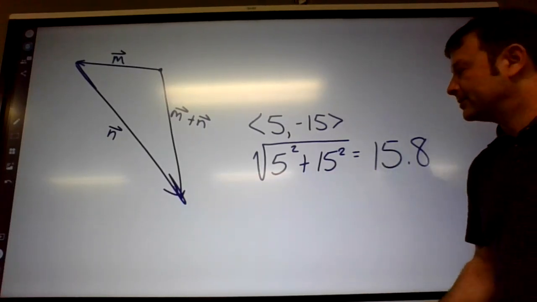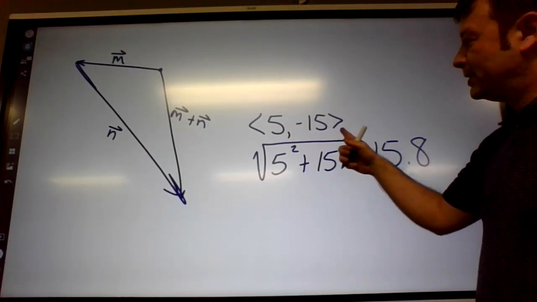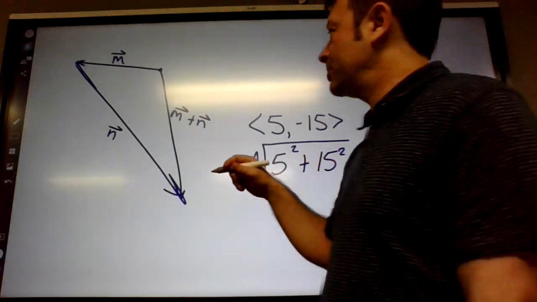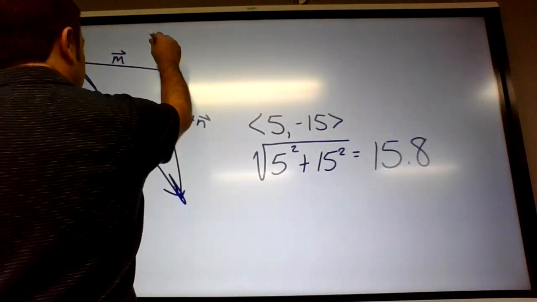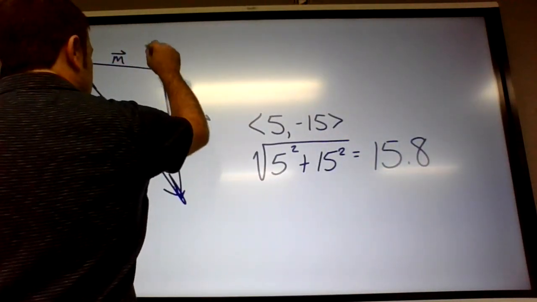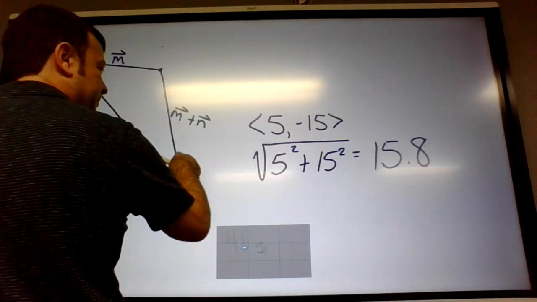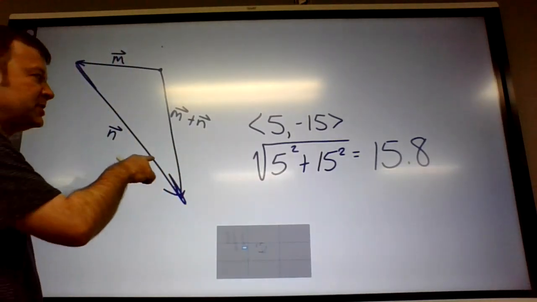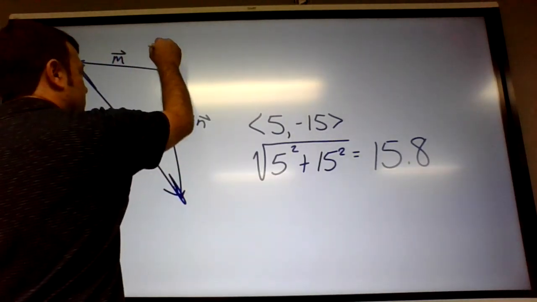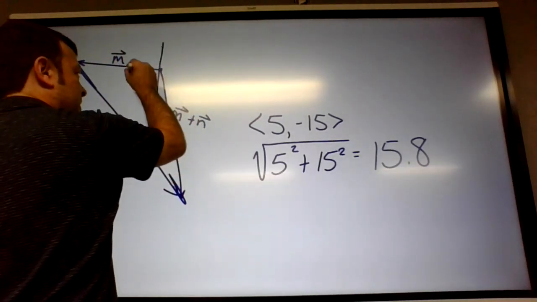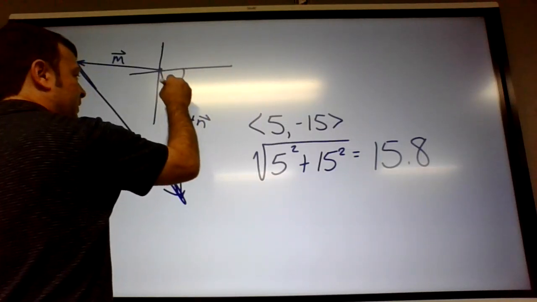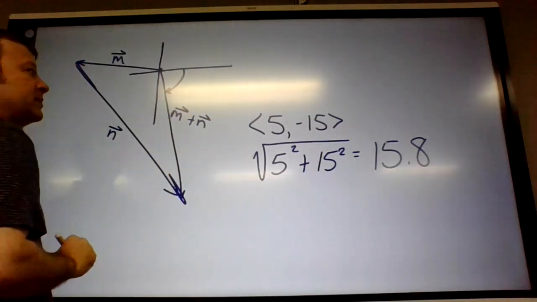Okay. And then the direction. So what quadrant is this vector in? 4. So it'll be kind of like the number 10 that we just talked about. It'll give you a negative angle, which is telling you how far it is from there to there.